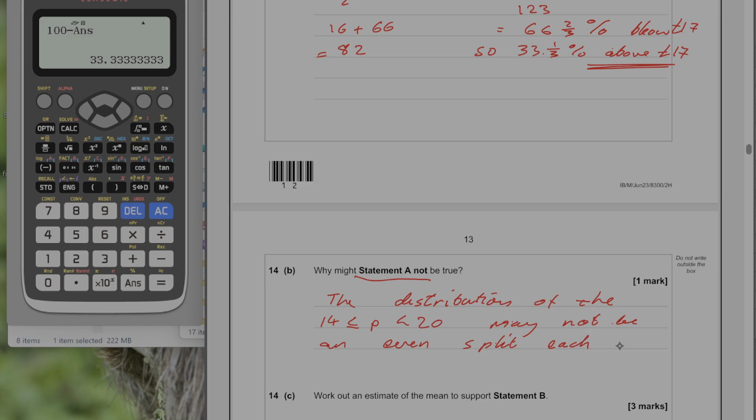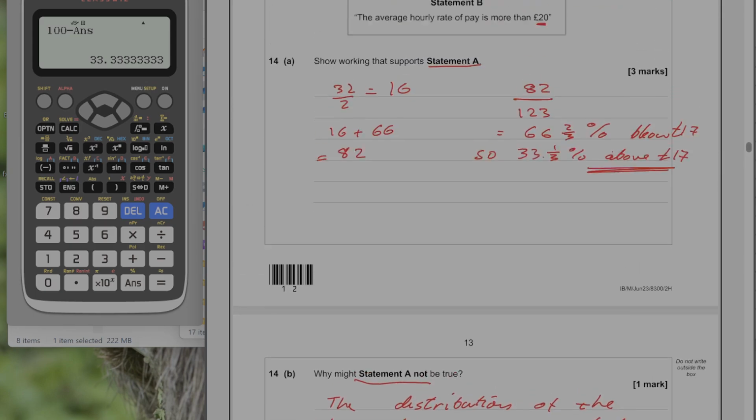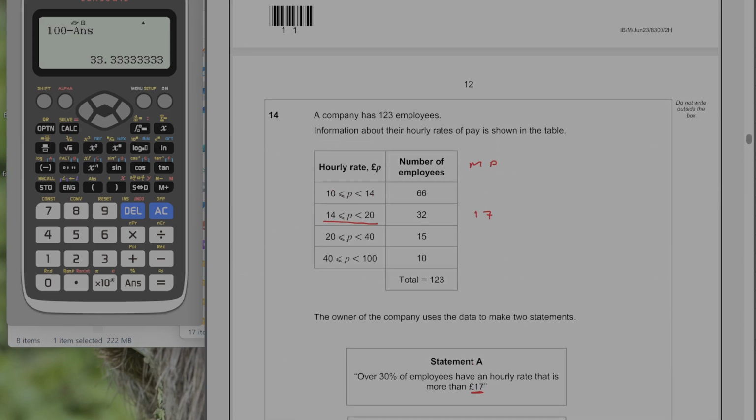Work out an estimate for the mean to support statement B. Right, so I started filling this table in. I'm going to carry on with my mid values. So the midpoint of this value is going to be 12. Midpoint of this value is going to be 25. Midpoint of this value is going to be 70. So I'm going to times these together and add them up, and then I'm going to put that figure there.